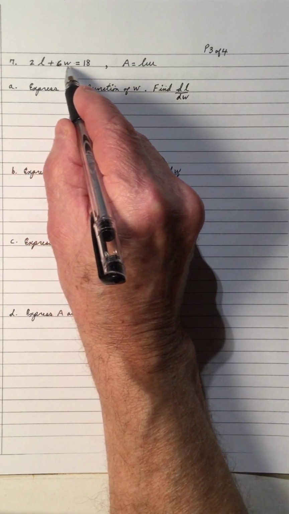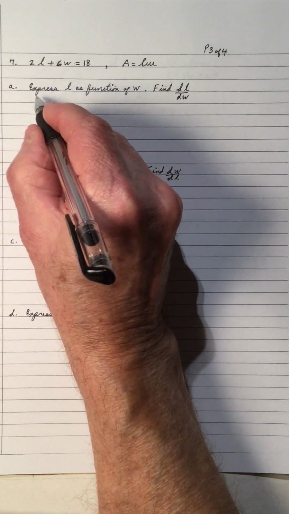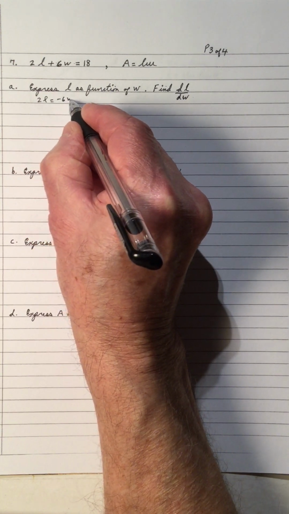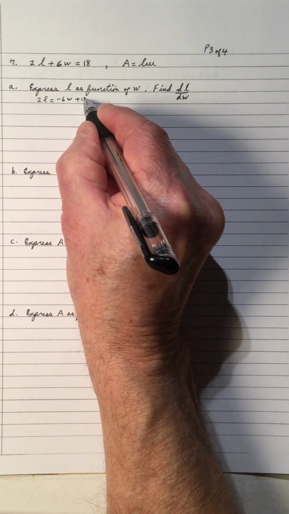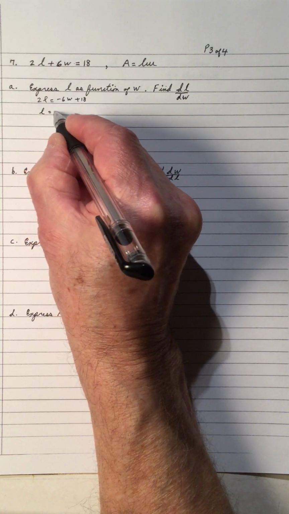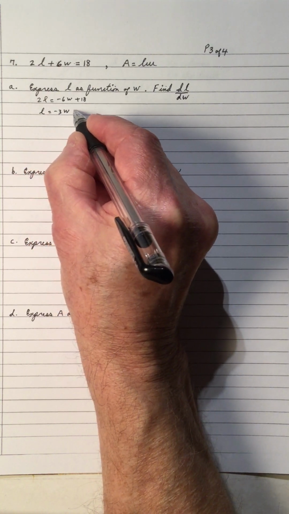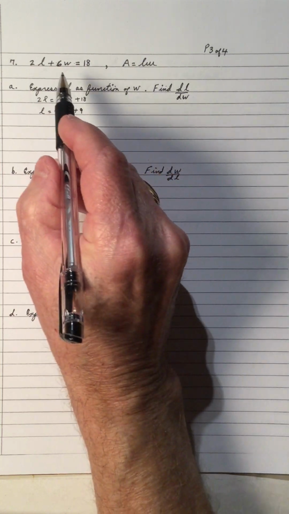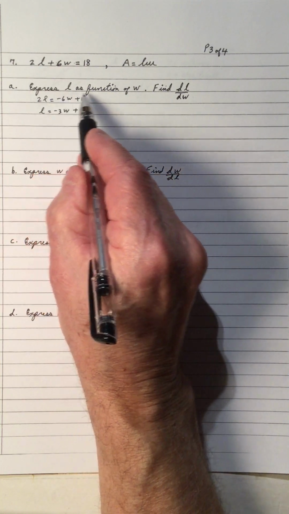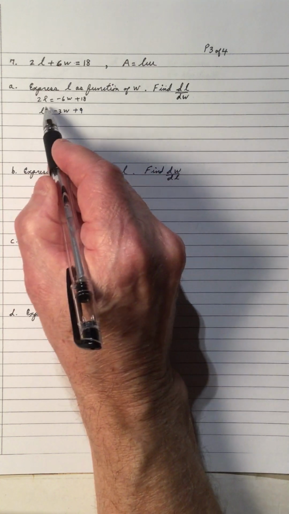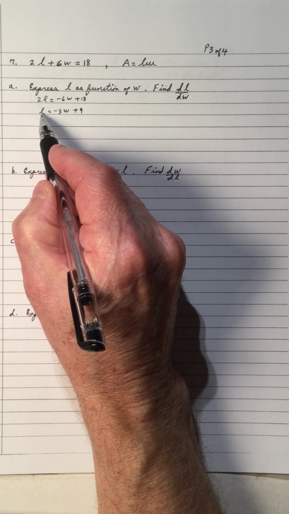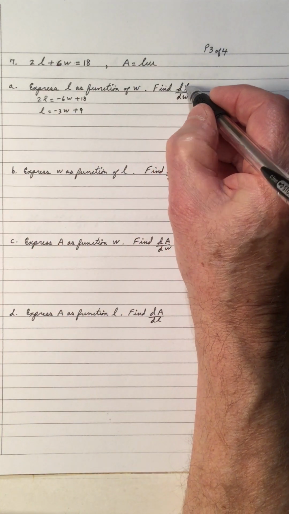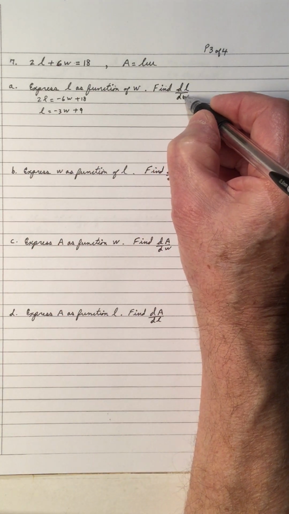That means I have to solve this equation for L. So 2L equals negative 6w plus 18. Divide by 2, L equals negative 3w plus 9. So now I have L as a function of w, so that means L is on the left and w is on the right. Now I want to find dL dw.